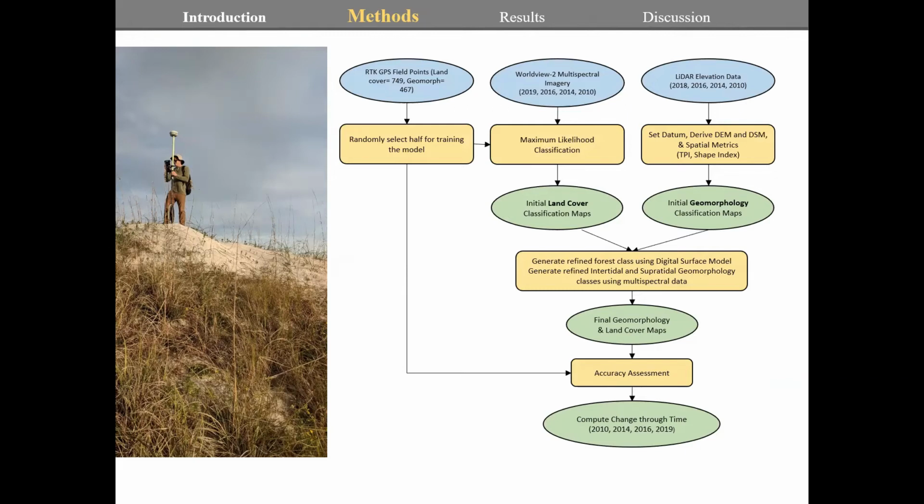Those GPS RTK points, you can see the number of them here, are randomly selected in half to train the model. The second part of the workflow is to compute a maximum likelihood classification to do the initial land cover classification. The third component over here with the LiDAR data is to derive DEM and DSM data and a variety of spatial metrics that I'm going to talk about to derive the initial geomorphology model.